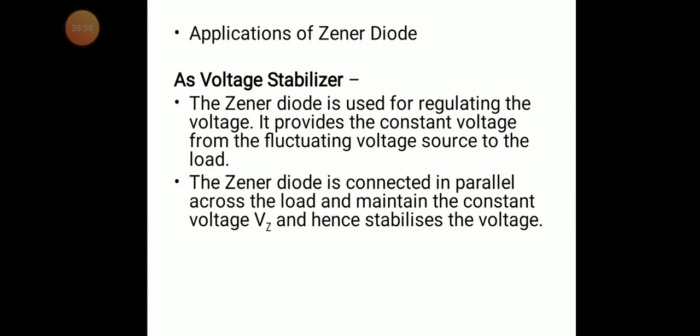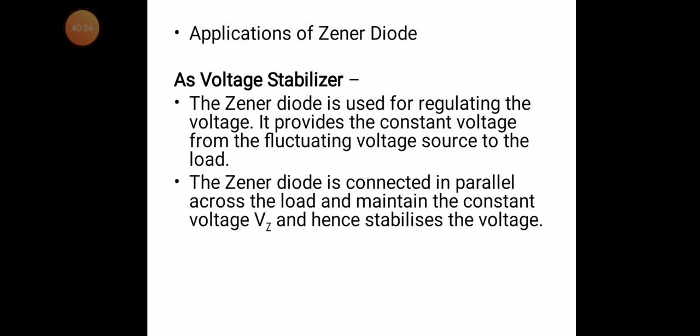If there are any sudden changes in the input voltage, they may cause damage in the circuit, because some components can only bear low voltages. We connect them at a low voltage, but because of unwanted fluctuation the voltage reaches a higher value. Then the device may get damaged, short circuit, or burn out. To avoid this type of problem, we use a stabilizer, that is nothing but a Zener diode.